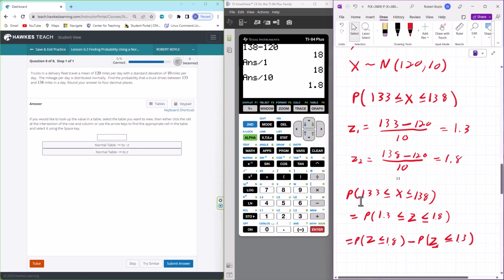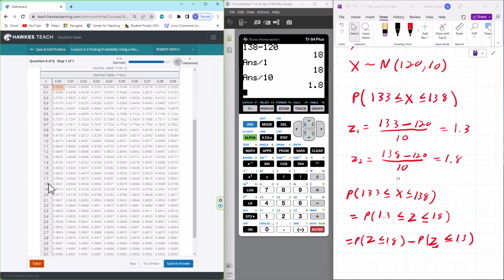Okay, so using our table of lookups, we can start over here. And we need to look up 1.8. 1.80 is right there. That is 0.9641. 1.3 is right there at 0.9032.